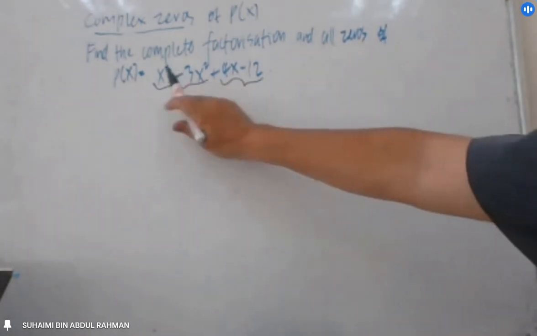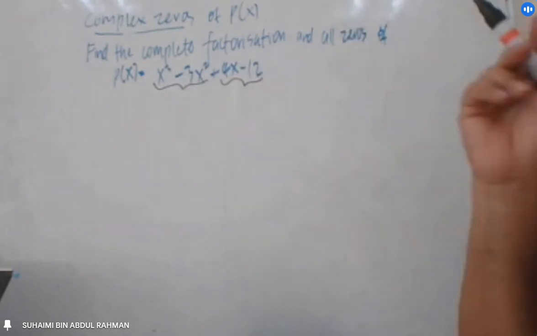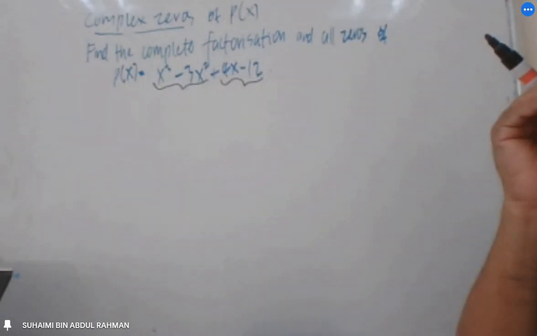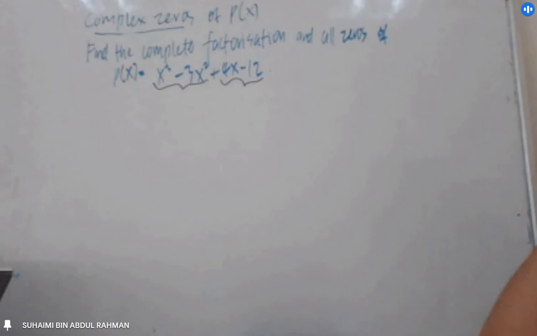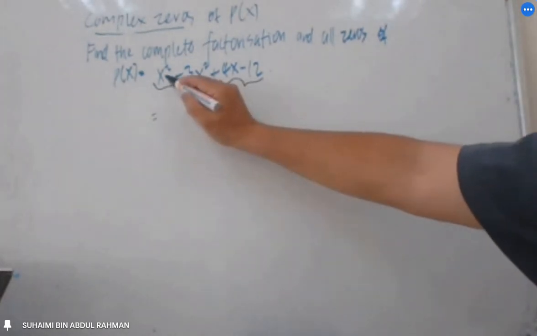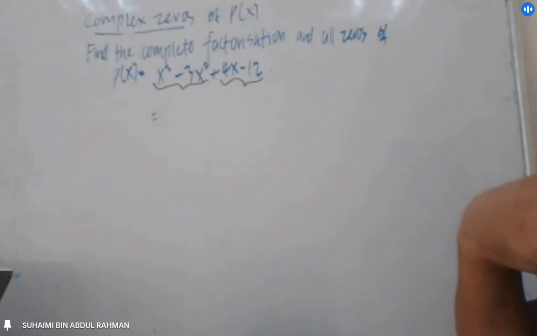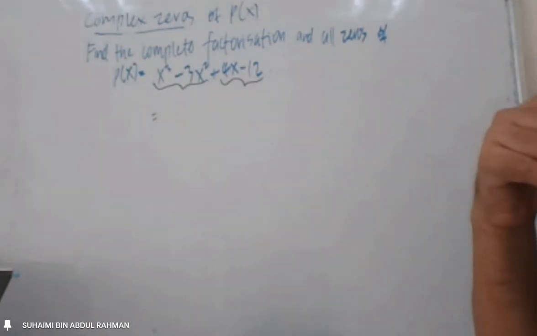It's nothing to do with division. Factor by grouping. So here, what is the common factor for the first group? x squared. What is the common factor for the first one?